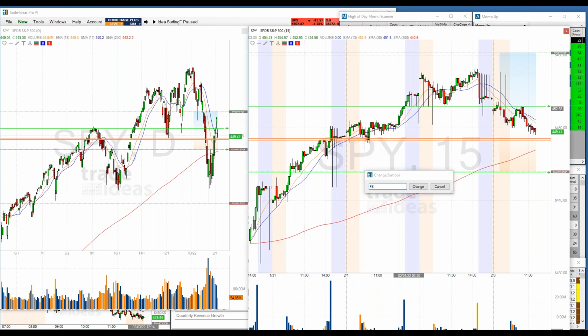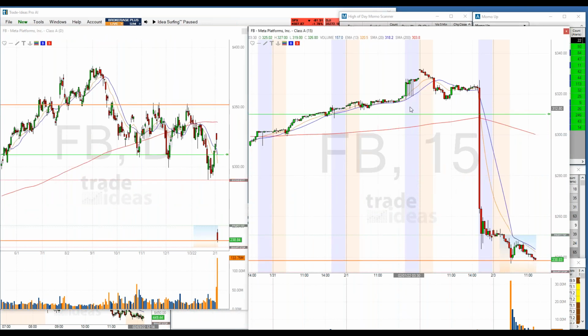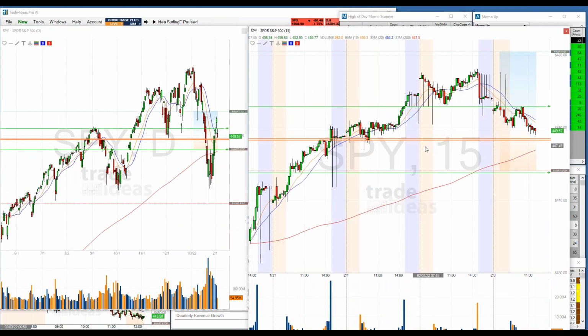Okay, we go to Facebook, for example. This is the one-off stock, so maybe a special situation. Gap up, gap down, that's easy to see. But overall, that's why I want to show you the SPY, so that you can check out the one-off stocks, right?